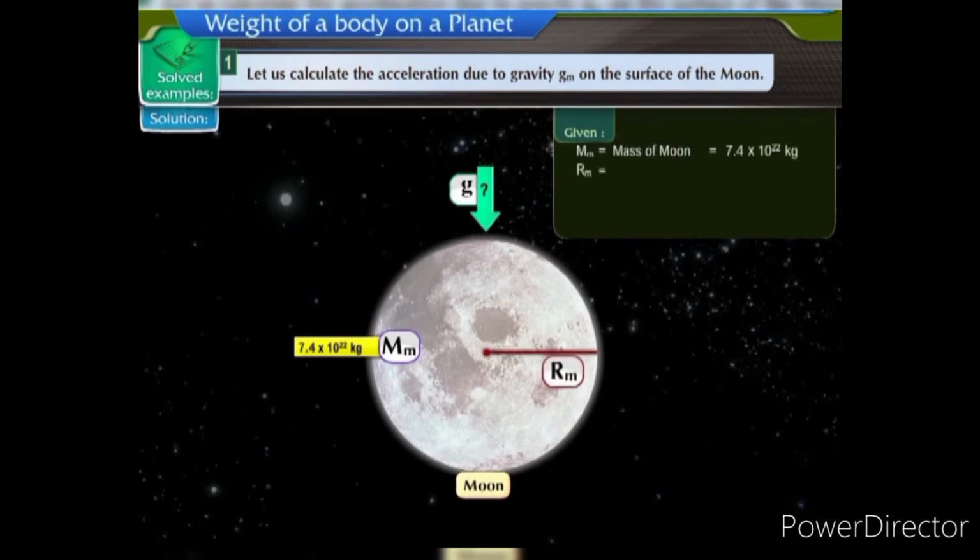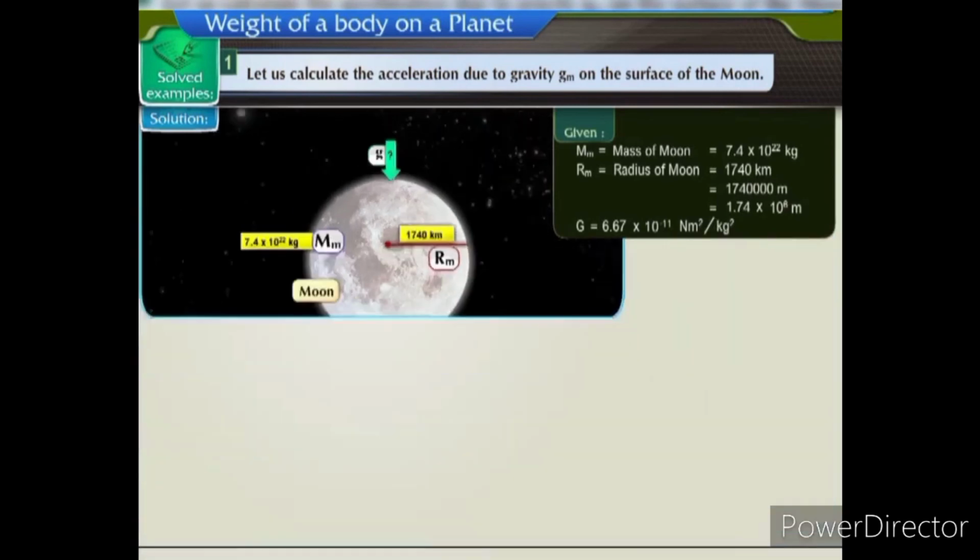Rm, the radius of the Moon, is equal to 1740 kilometers, which is 17,40,000 meters, which is 1.74 x 10^6 meters. G is equal to 6.67 x 10^-11 Newton meter square per kg square.